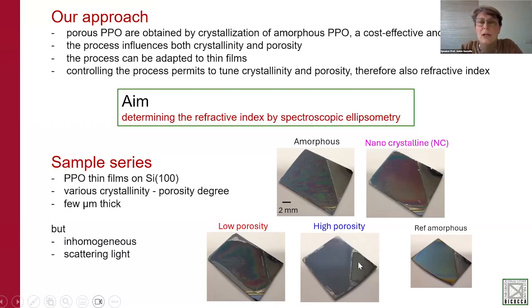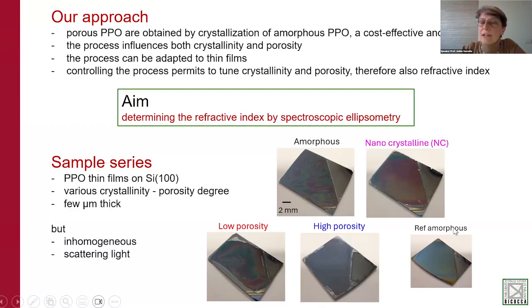Immediately you can see that the films are highly inhomogeneous. You can see different colors here, here as well. The films scatter light, in particular this one, which has a high porosity, is grayish, whitish, suggesting that light is scattering.